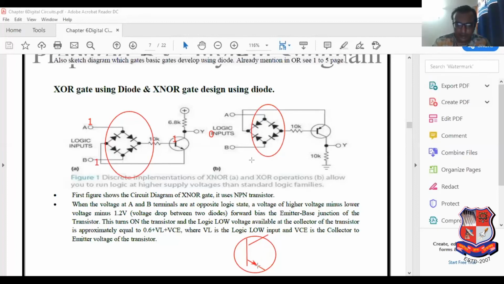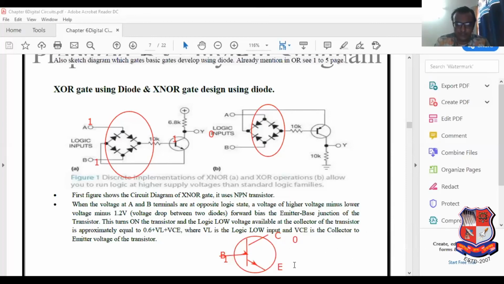See here, it is the indication of the base terminal, emitter terminal and collector terminal. Here base, here collector, here emitter. If here 1 volt, here 1 volt, then here the voltage is 0.